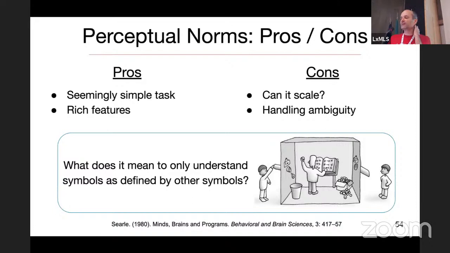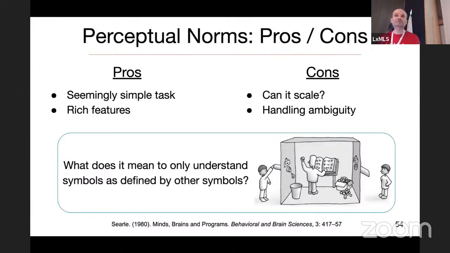But some of the cons, is it actually going to scale up when you want to collect more perceptual norms? I'm not convinced. And also, how do you handle ambiguity where people might think you mean a different instantiation of a particular concept? And at a more general level, what does it mean for our models to only understand symbols as defined by other symbols?